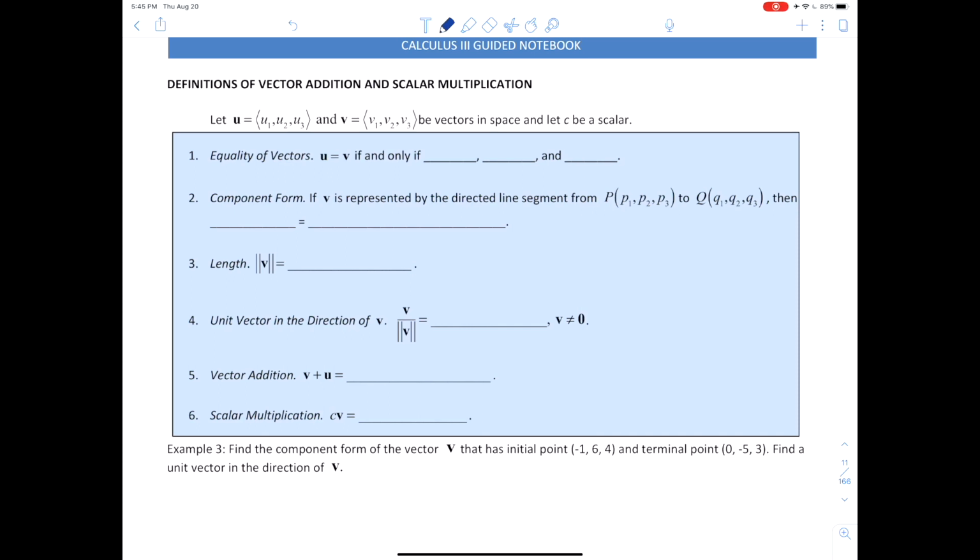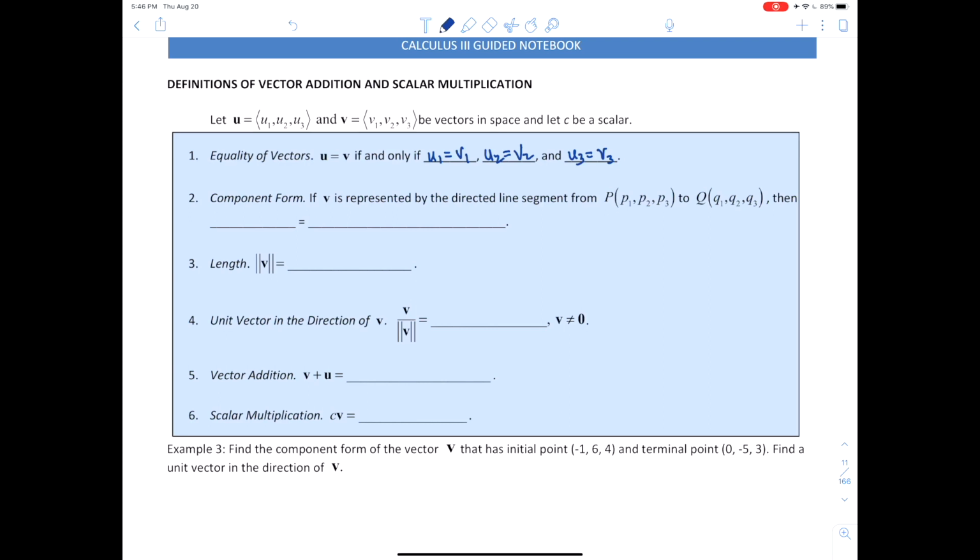So equality of vectors: u equals v if and only if, well, what do you think? u1 would have to be equal to v1, the components have to equal each other, u2 has to equal v2, and u3 has to equal v3.